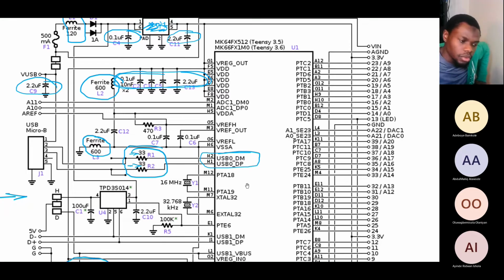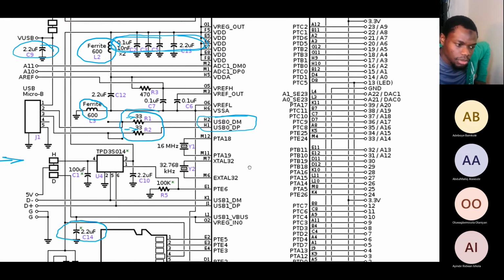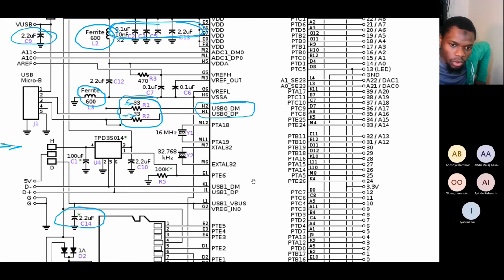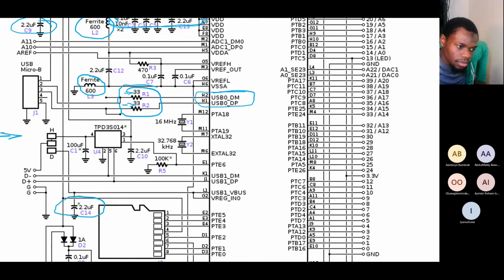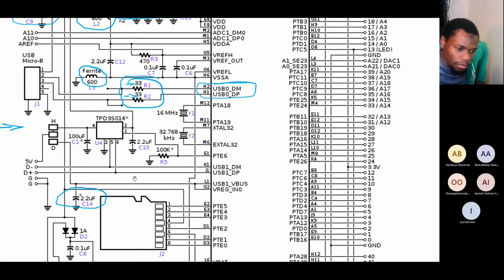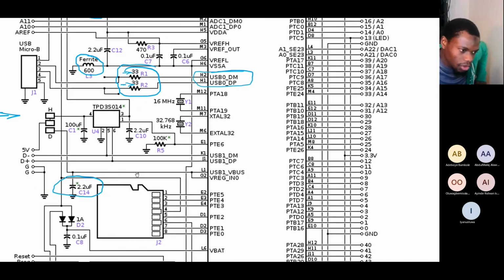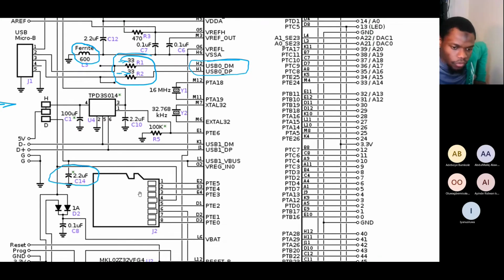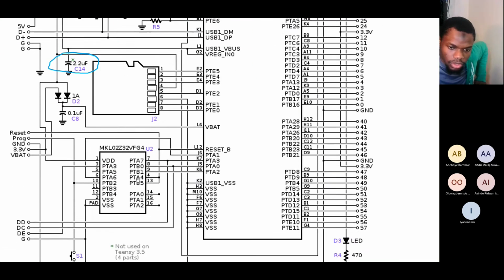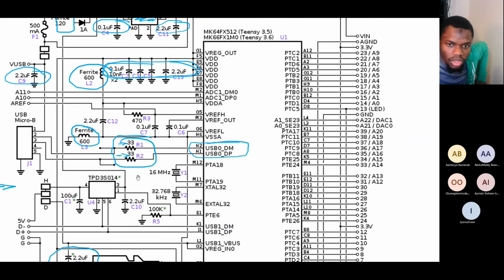For example, if the sensor uses SPI, you need to make sure your microcontroller has the ability to use SPI. Does that make sense? Or let's say your sensor uses SPI at a frequency of 24 megahertz, and that's the only thing your sensor uses. You need to make sure that your microcontroller can communicate on SPI at 24 megahertz. Those are some of the things you need to know.